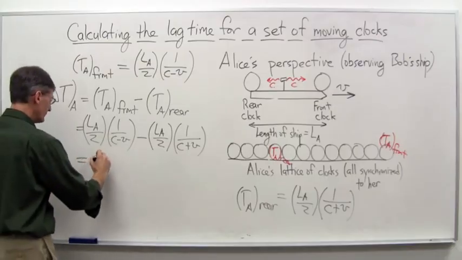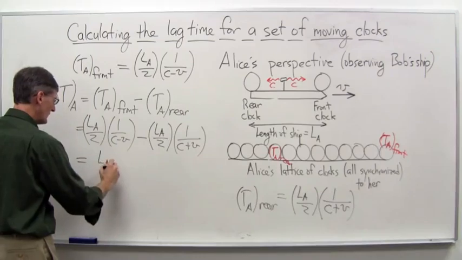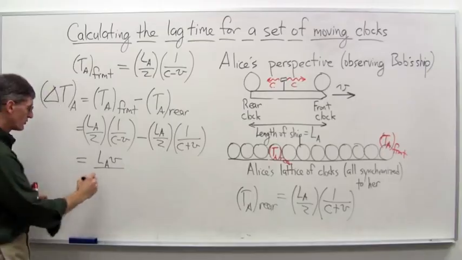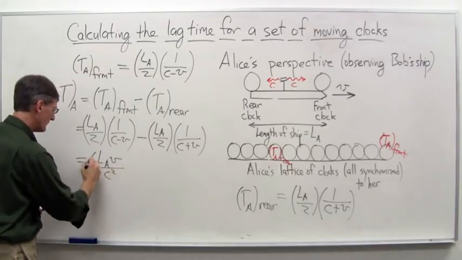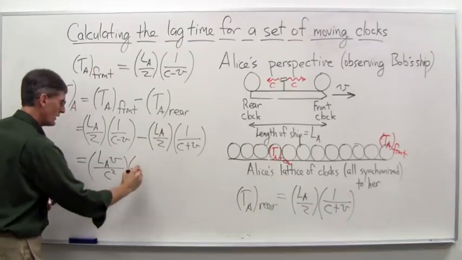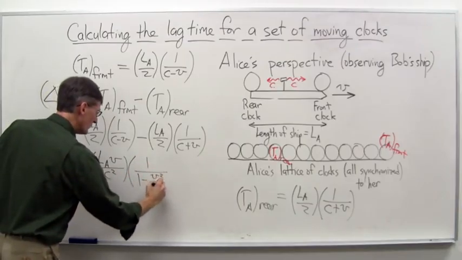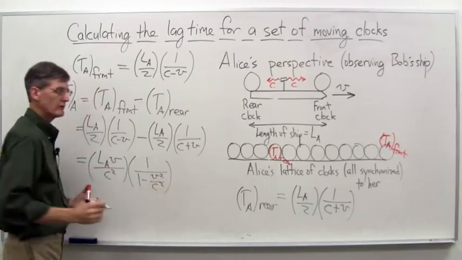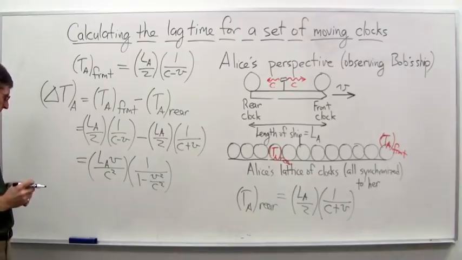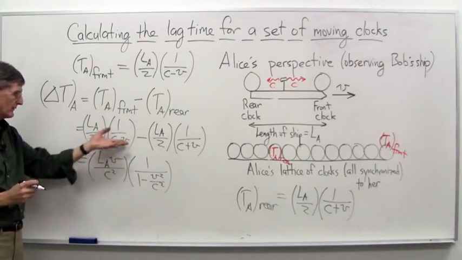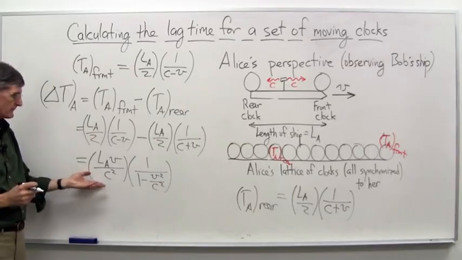Here's what you find. You get LA V all over C squared, times 1 over 1 minus V squared over C squared. It takes about one or two lines to get from here to here.